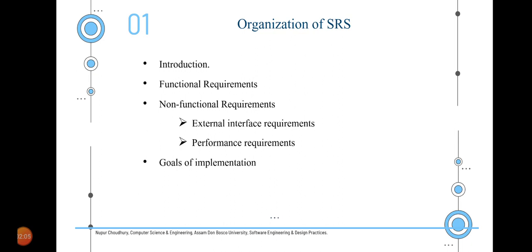And goals of implementation is important because it looks at the environment and the impact of the environment on the project, or the project's impact on the environment. Reliability, robustness, etc. fall under the goals of implementation.